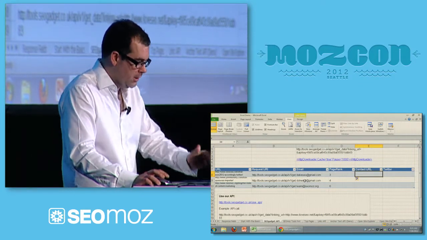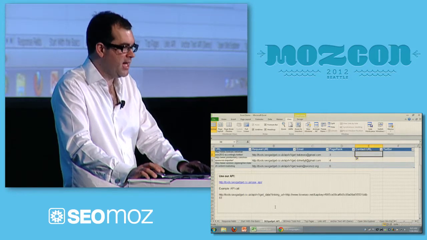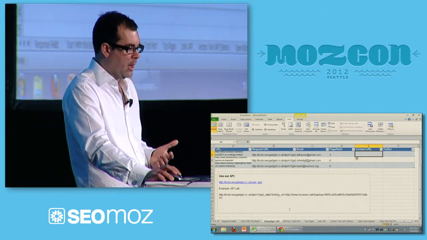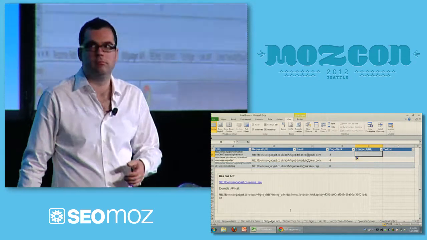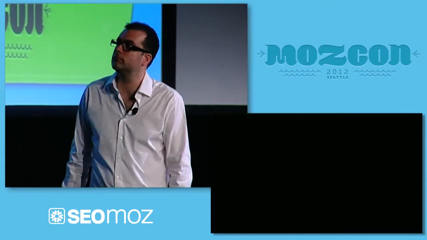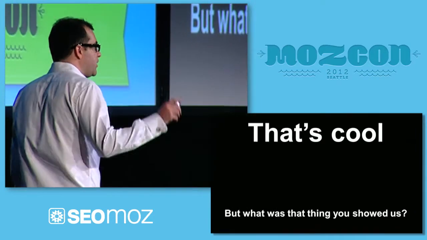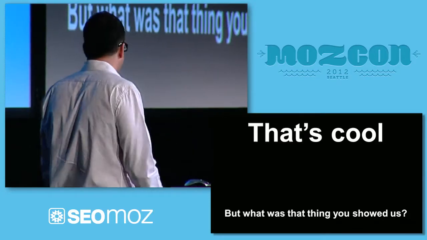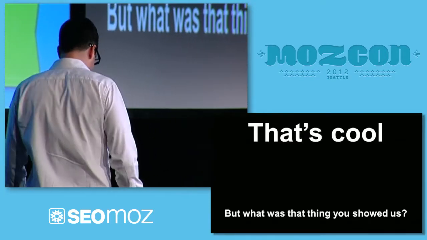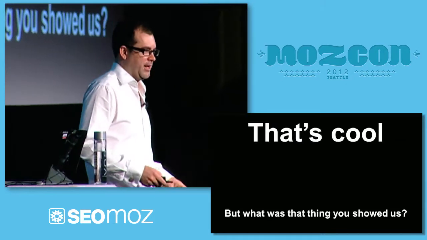Yeah. But it gets more interesting than this. AV, could we switch back to the presentation just quickly? That's cool, right? But what was the thing that I showed you at the beginning of the presentation?